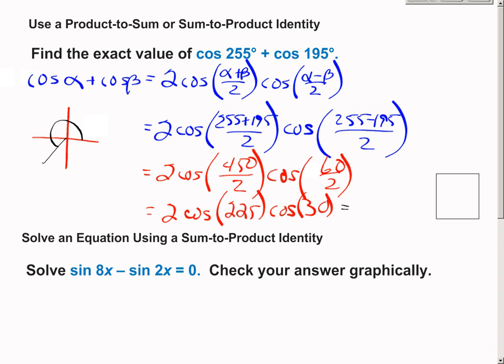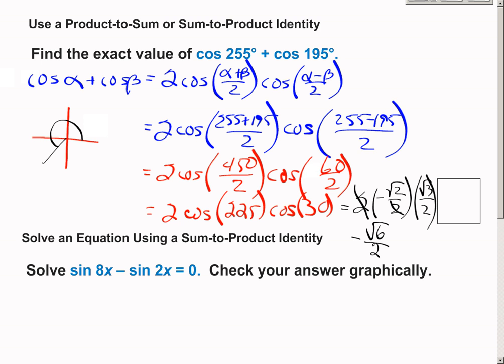So we have 2 times negative radical 2 over 2, and the cosine of 30, which is the square root of 3 over 2. And that simplifies then. Let's see, we can do a little canceling there. So we have negative radical 6 over 2 for the final answer.